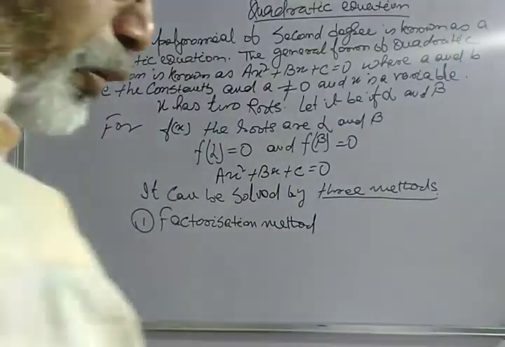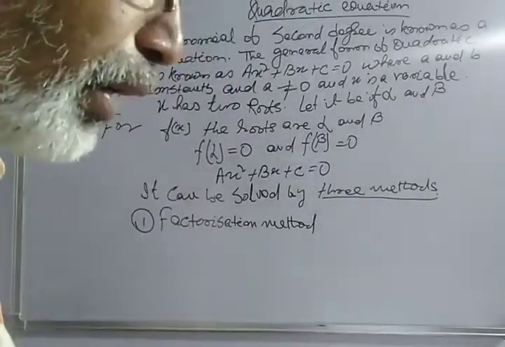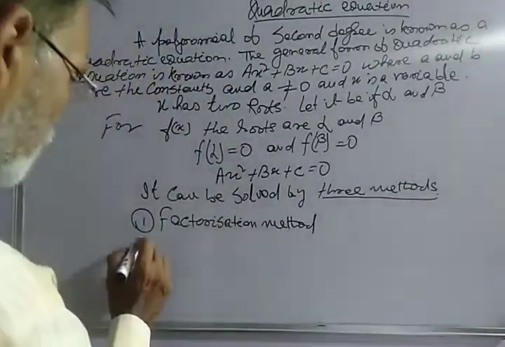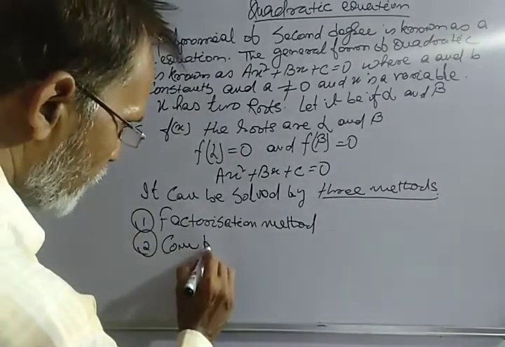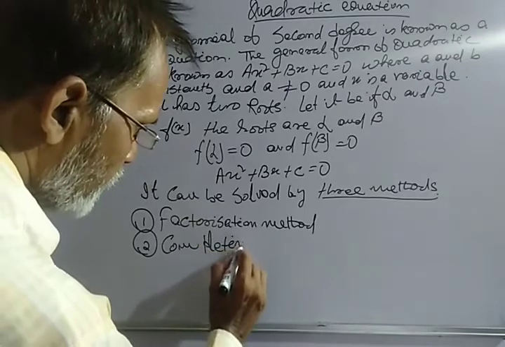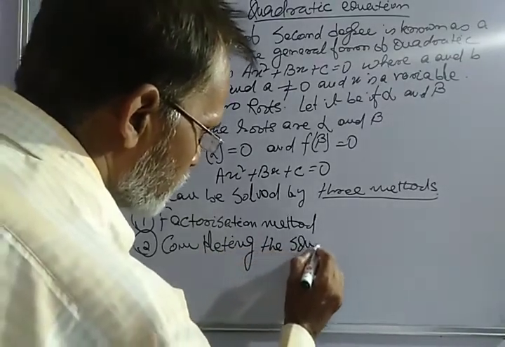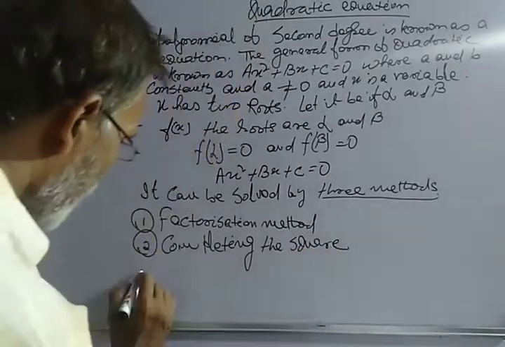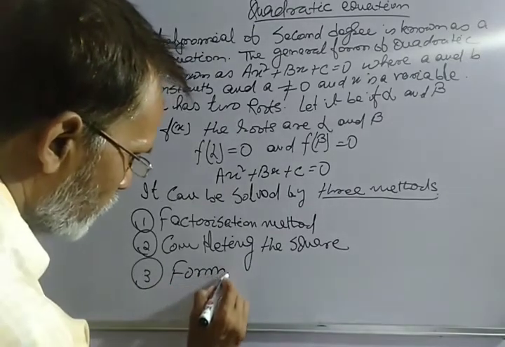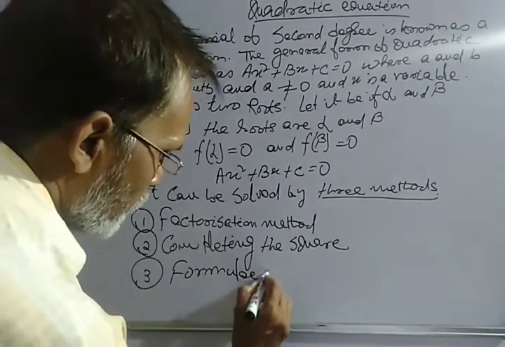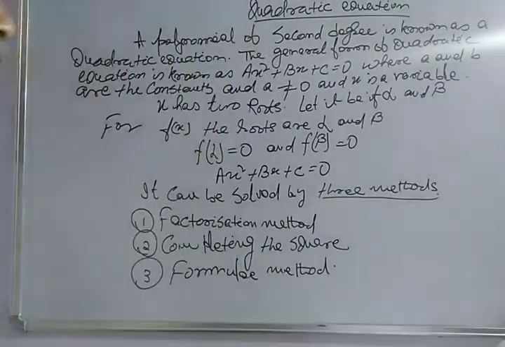Number two is the completing the square method, and number three is the formula method.